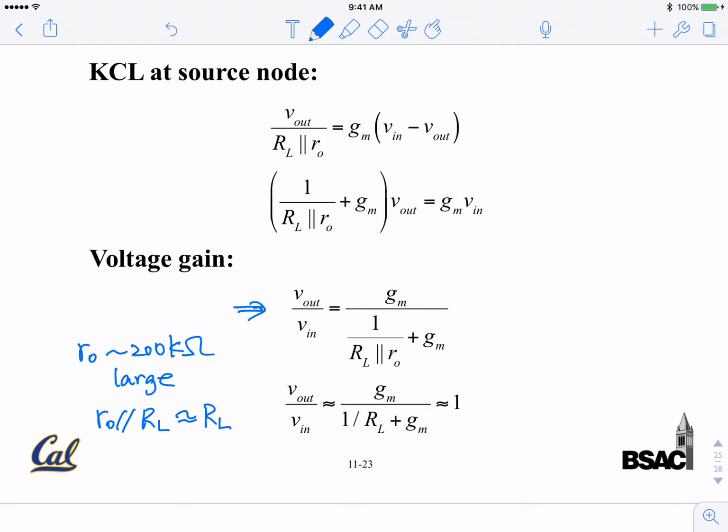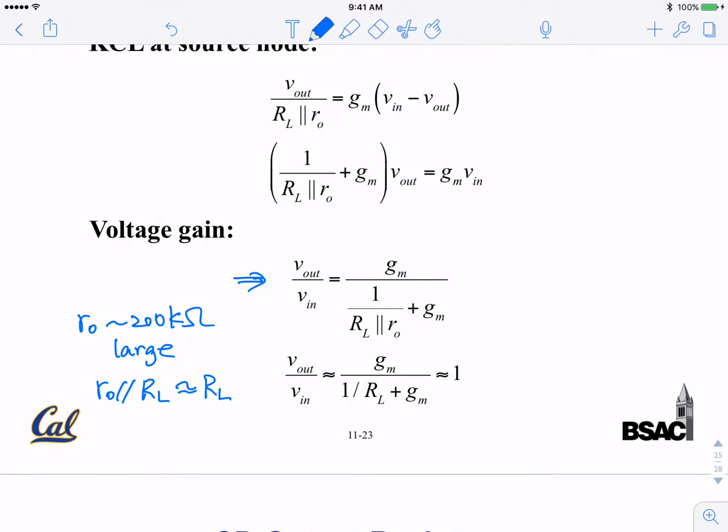In this expression, RL is kind of a medium resistance. These are typical values, it's not fundamental. So we are basically comparing RL with 1 over gm.